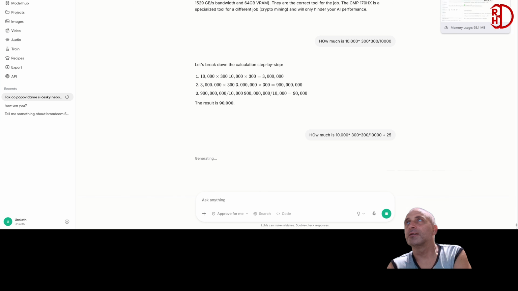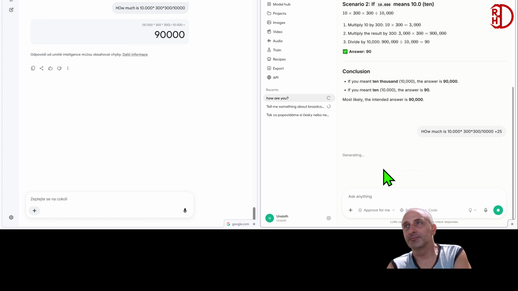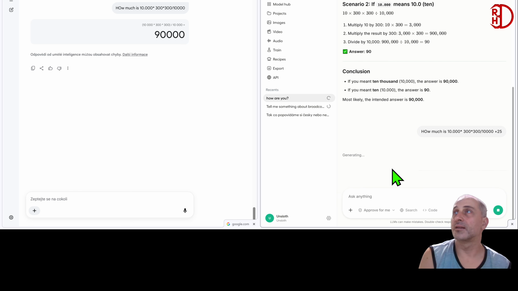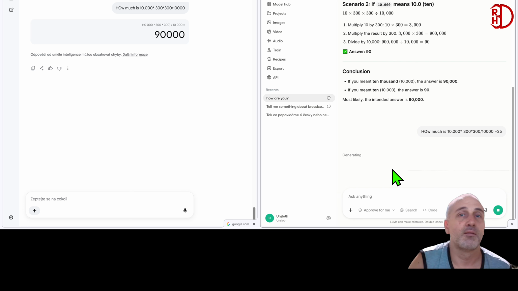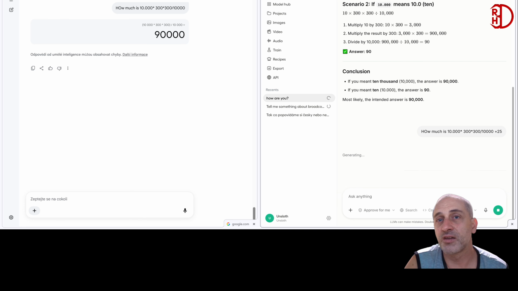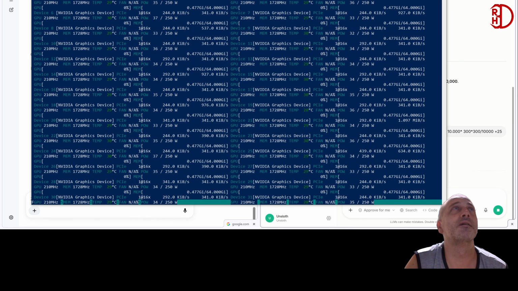I don't get it, guys. So we don't have to wait for this. 90,025. It's very easy. Everybody knows how much is the result, and the Kimi 3 is sleeping, or I don't know, because definitely she's giving the maximum power.